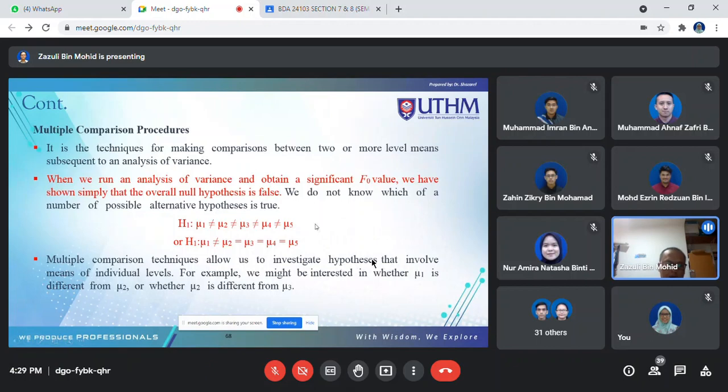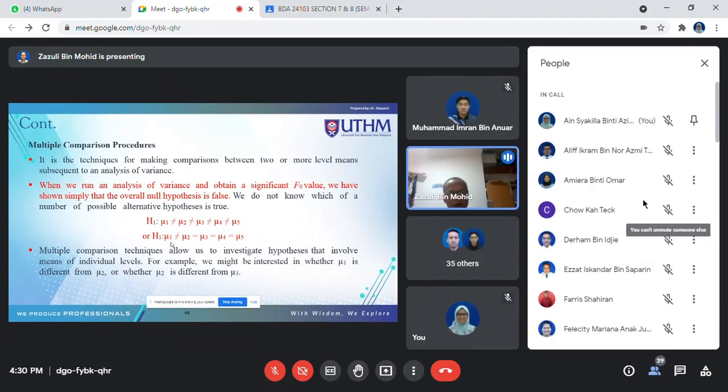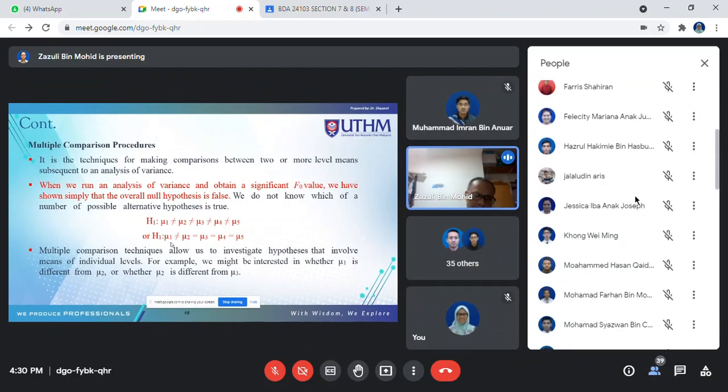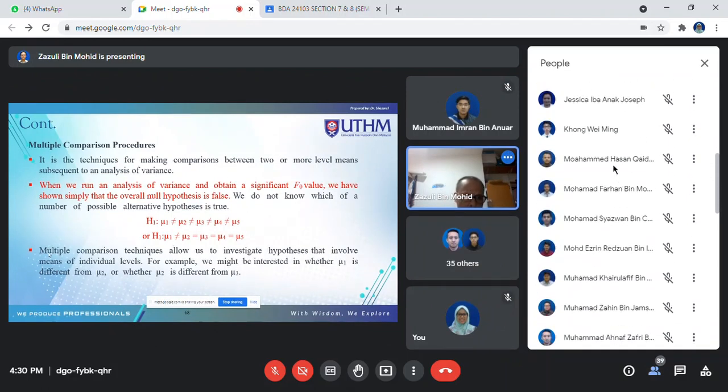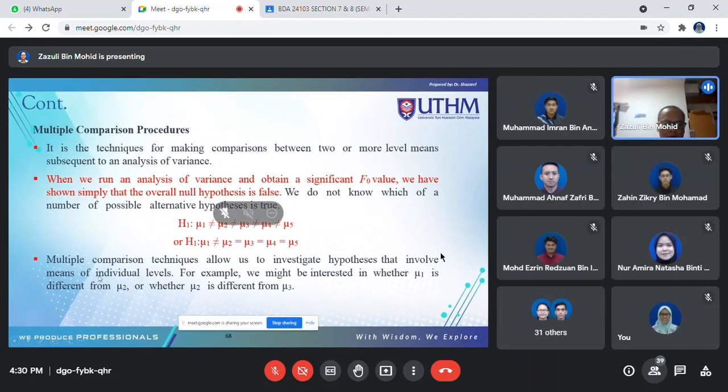But there is also the possibility that the mean value from certain levels is not equal, while in another case some levels have the same means. So multiple comparison allows us to investigate hypotheses that involve the means of individual levels.